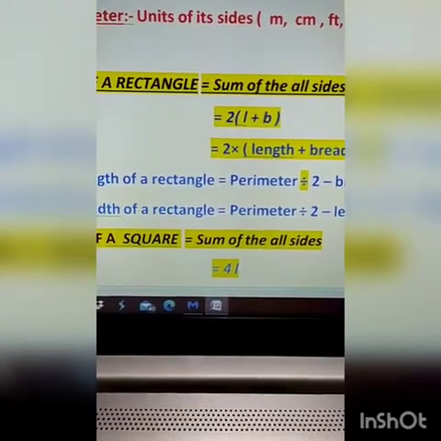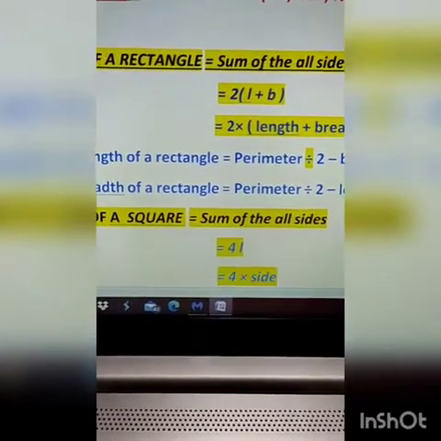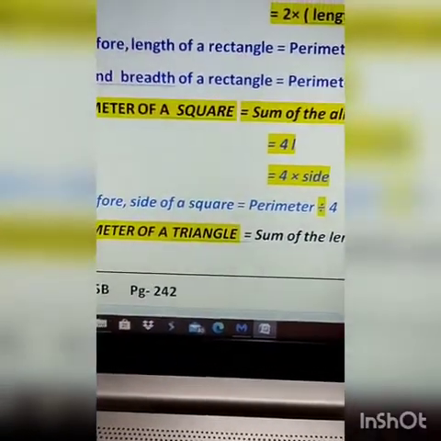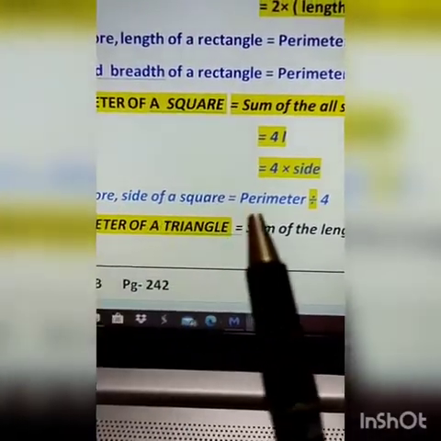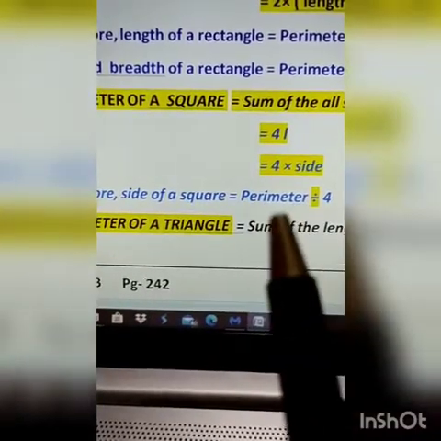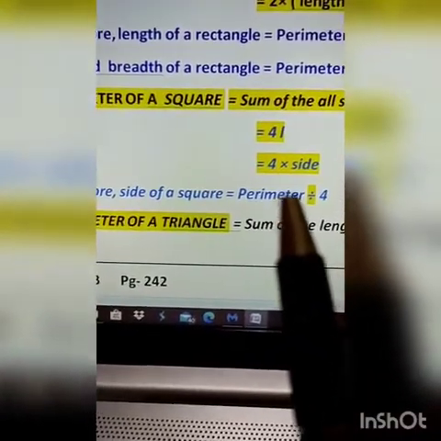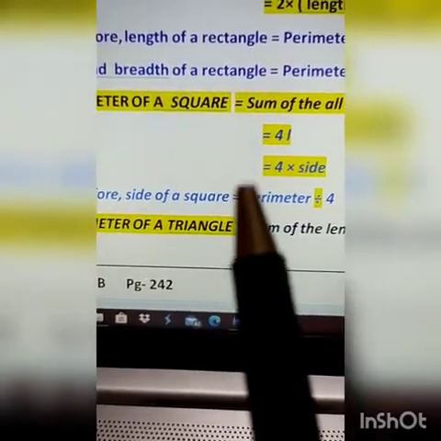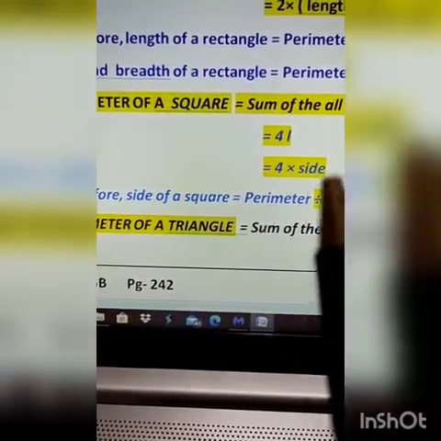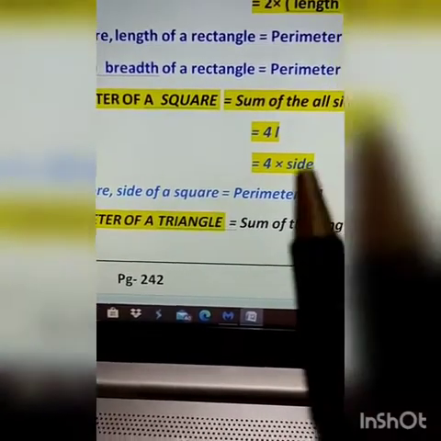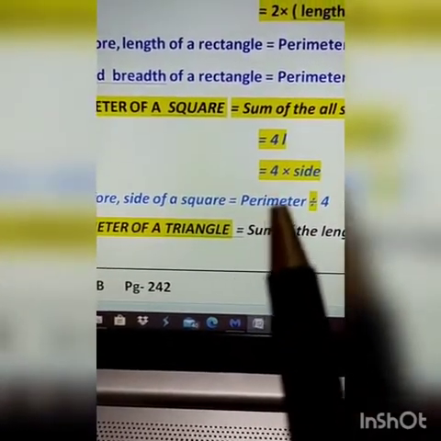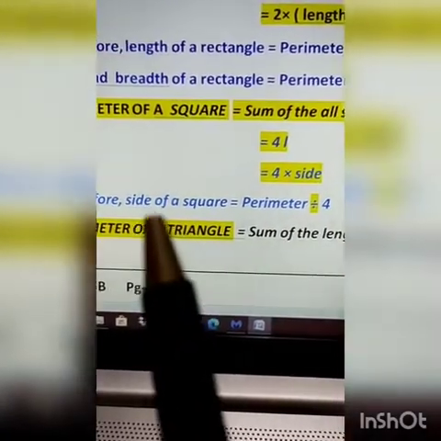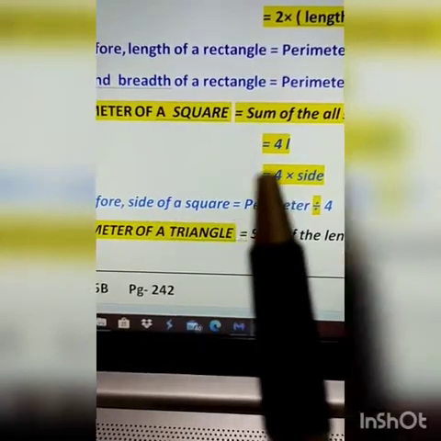Again, suppose in the question, side of a square you have to find out, and perimeter is given. Then what you will do? Side of a square is equal to perimeter divided by 4. If perimeter is given, that number you will divide by 4, you will get side of the square.